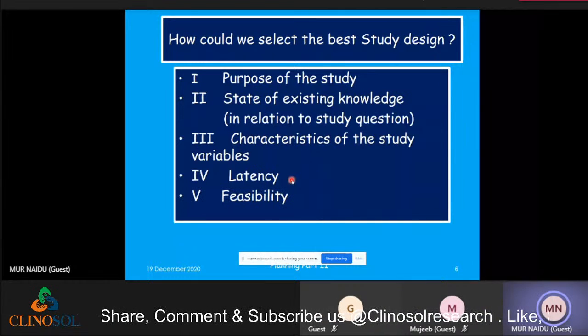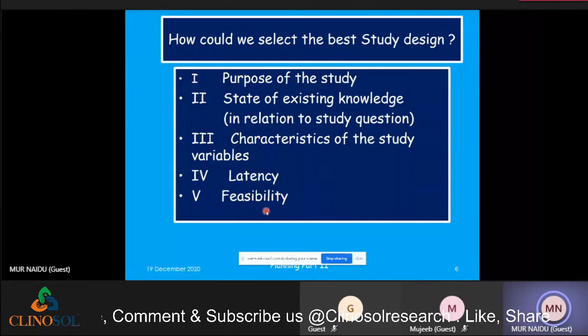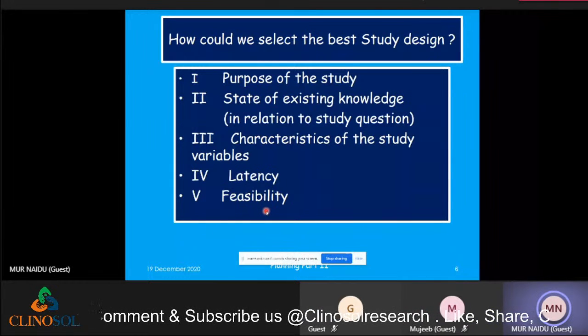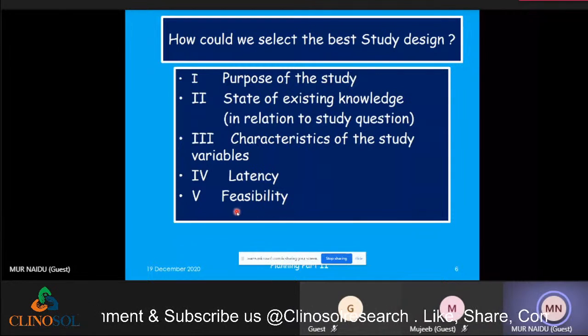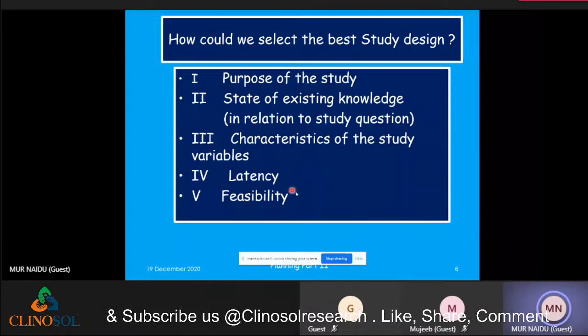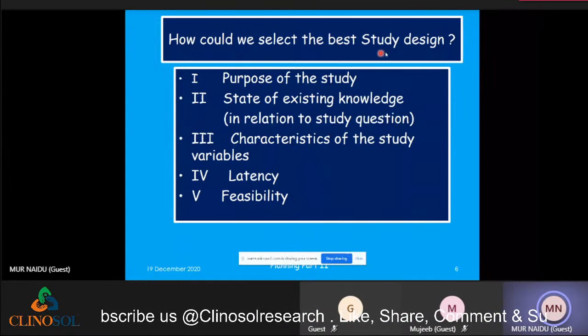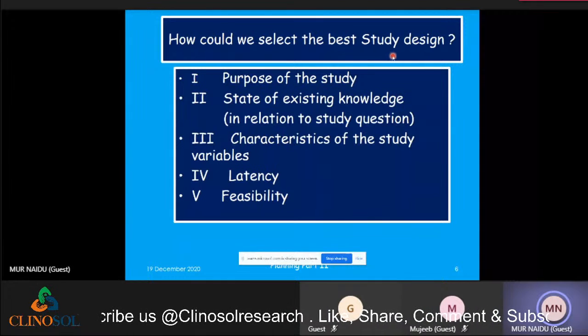And the last one, which is very important, that you must check: suppose you have made a particular design, whether that design is feasible or not. So feasibility, selection and feasibility criteria is also one of the very important things for selecting the best study design.